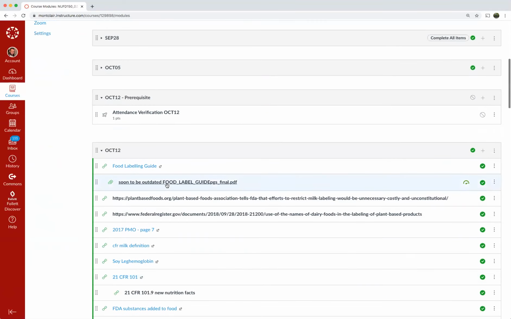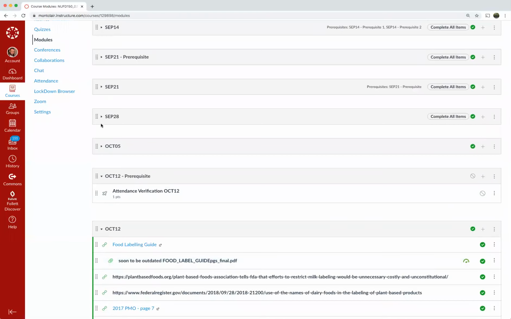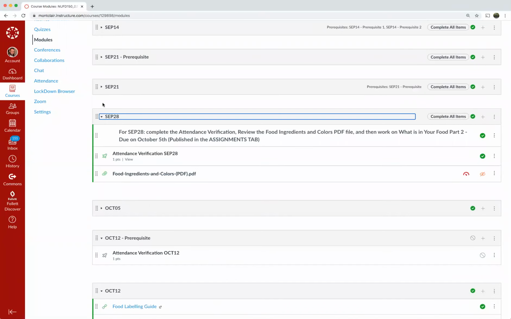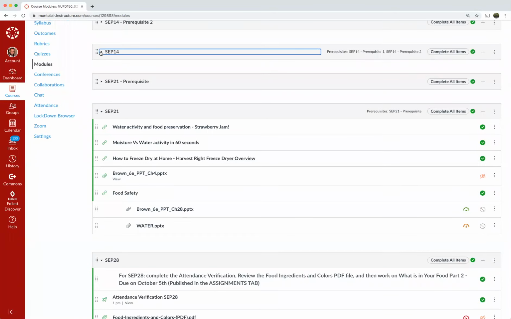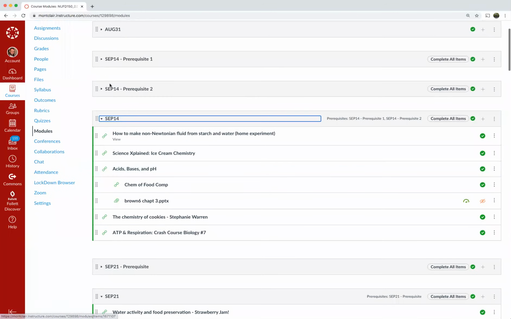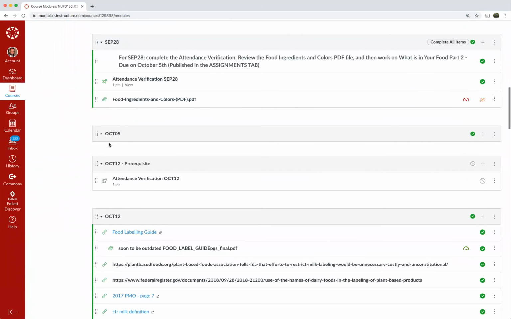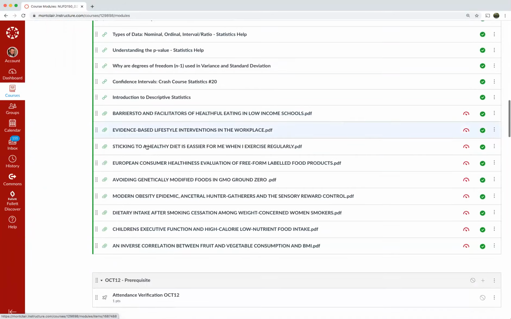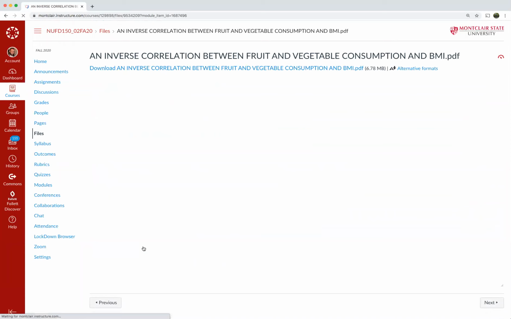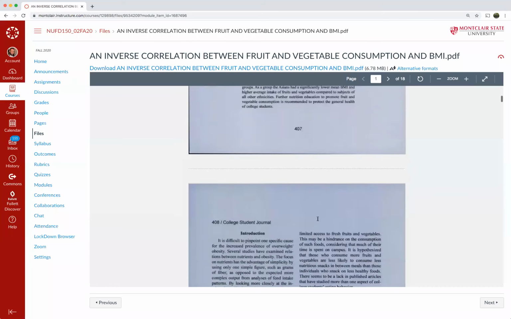Which module was it? Let's see. The October 5th module includes all these articles, and you see the writing style, and we went over this in class.